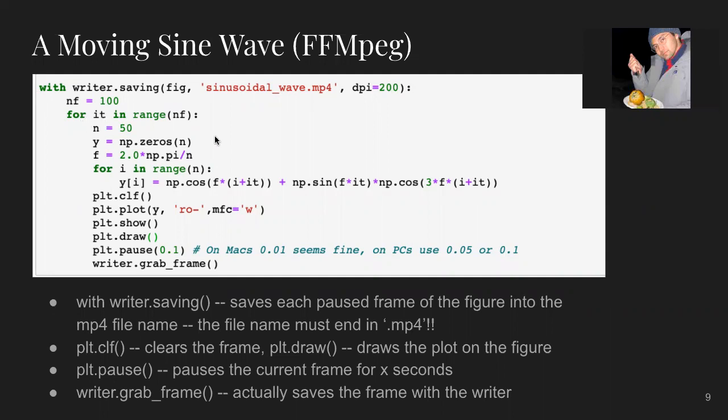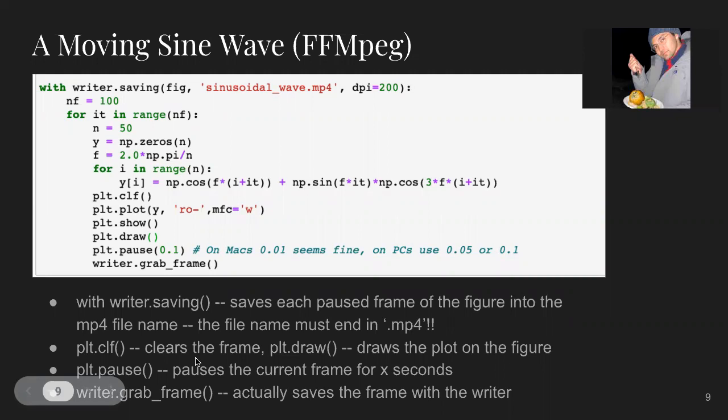And then at each frame, we plot our sine function. Since we want the sine function to be changing each time, at each frame loop we change the sine function slightly. You can see how the i changes it slightly, and we plot the function as normal. There are some additional plotting commands that we've added for animation. plt.clf clears the frame. plt.draw draws the plot on the figure.